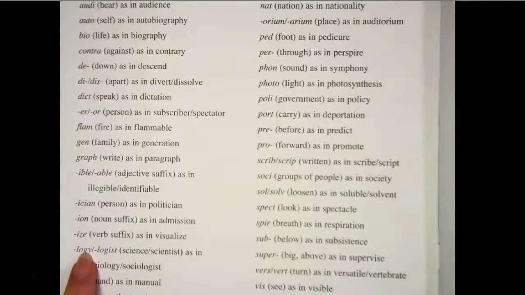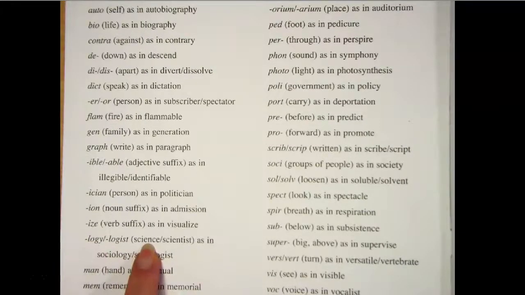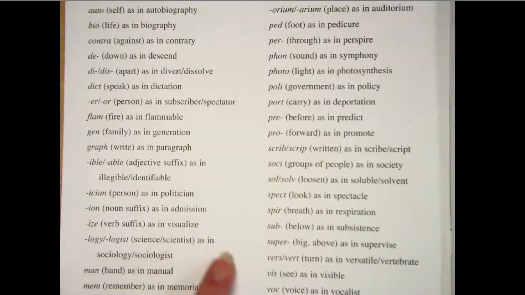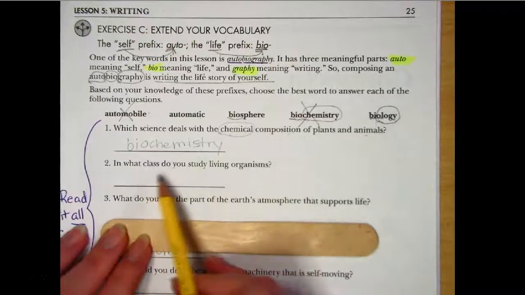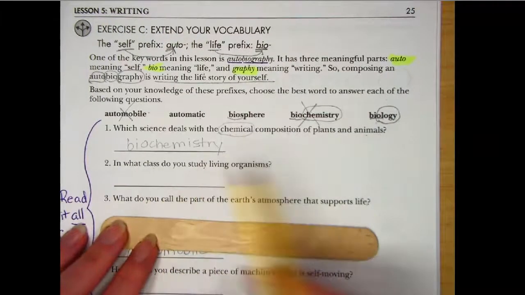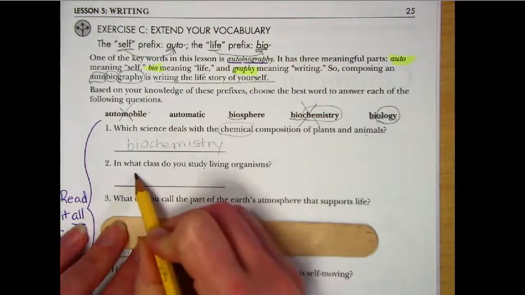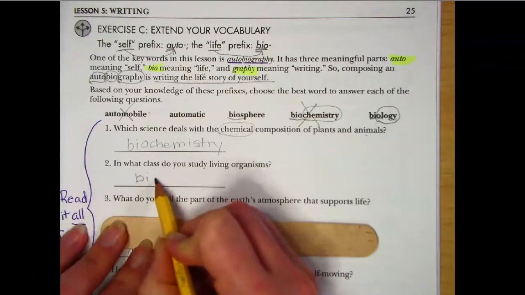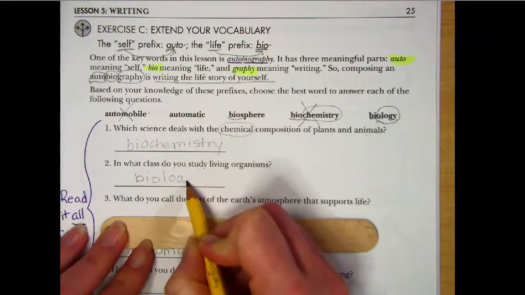If you take a look over here, the logy is the science or the scientist. Okay, so if we go back to page 25, we're going to see that we're studying, like scientists do, life. So living, study of living, biology, study of life.